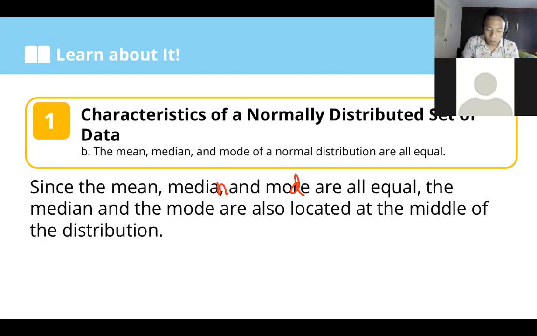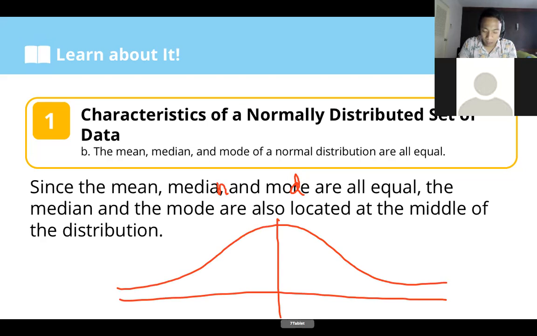So the mean is here, the median is here, and the mode is also here. All three are located there. Got it? That's for the second one.